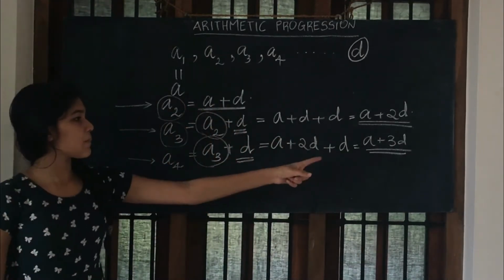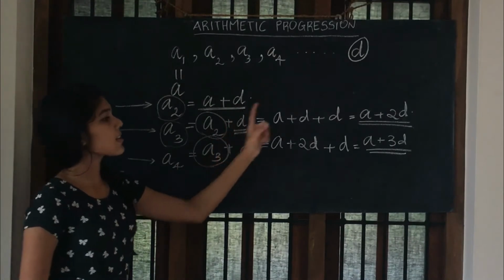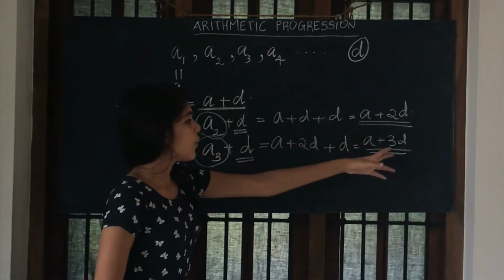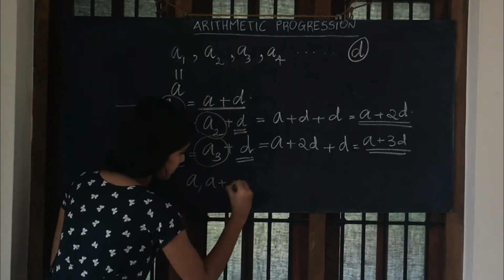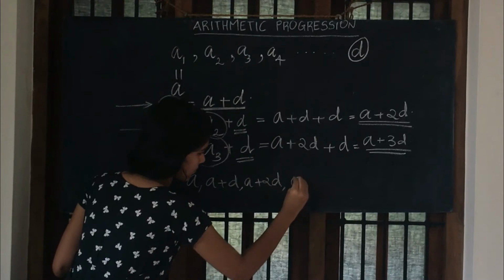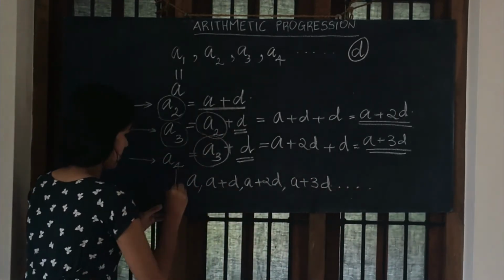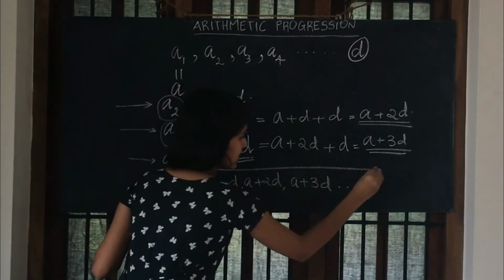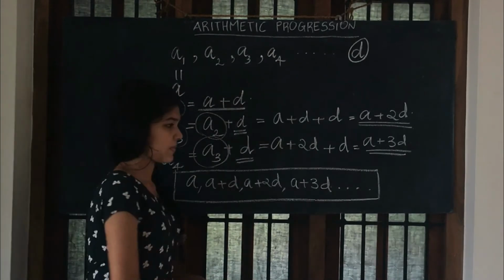Now we have an AP with the first term A, second term A plus D, third term A plus 2D, fourth term A plus 3D, and so on. This is the general form of an arithmetic progression.